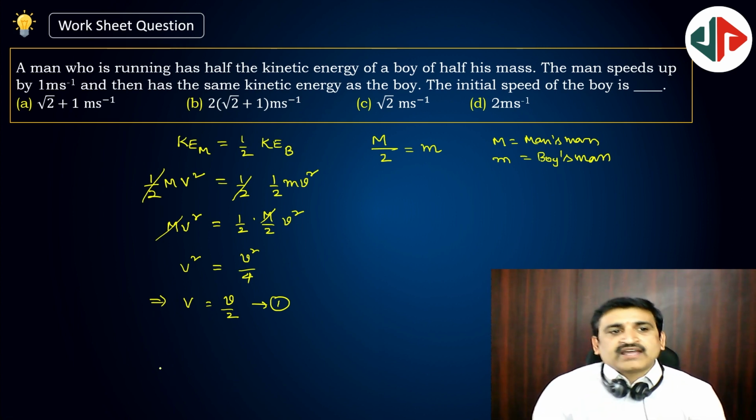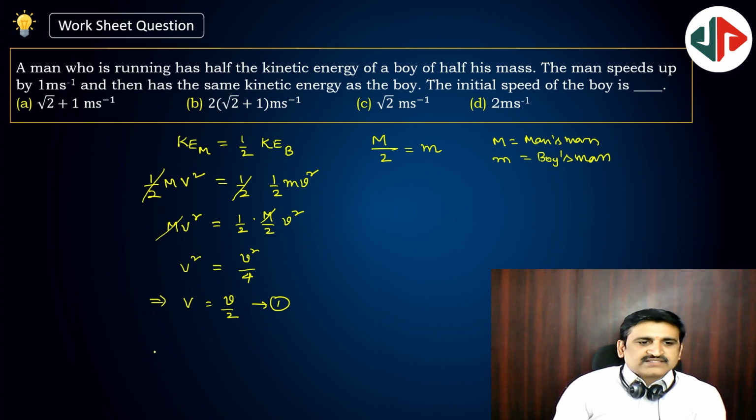Now the man speeds up by 1 meter per second, then they have the same kinetic energy. That means half M (V plus 1) whole square is equal to half, m by 2, boy's mass is m by 2, into v square. So here half m by 2 will go.